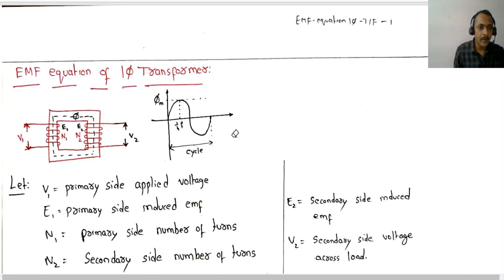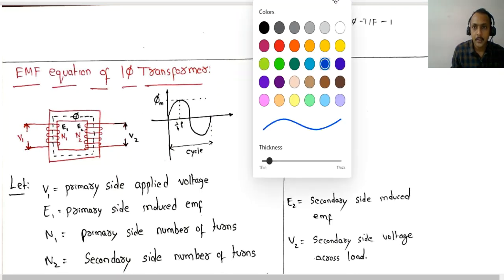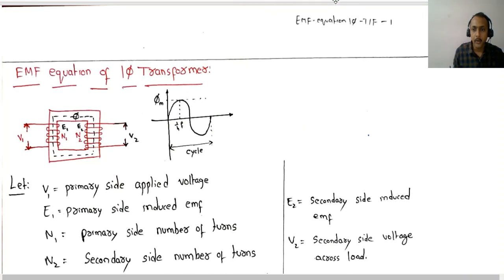Here V1 indicates the primary side applied voltage, E1 indicates the primary side induced EMF, N1 indicates the primary side number of turns, N2 is the secondary side number of turns, and E2 is the secondary side induced EMF, and V2 is the secondary side voltage across the load. So these are the important terminology, right?